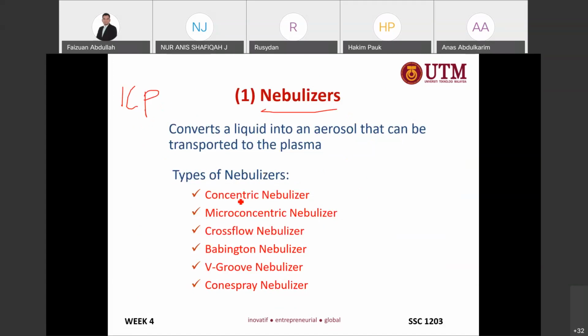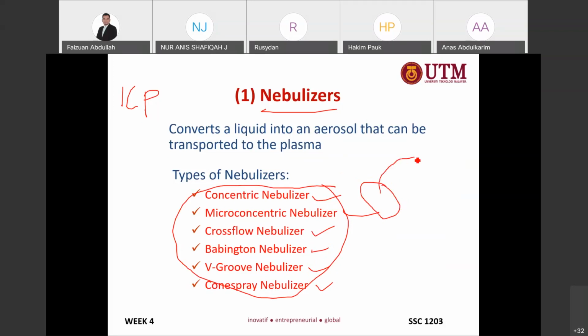We have several types of nebulizer: concentric nebulizer, microconcentric nebulizer, cross-flow nebulizer, Babington nebulizer, V-groove nebulizer, and cone spray nebulizer. But the function is all similar, right? It is to convert a liquid sample in the container, then pump into the nebulizer and introduce it to the plasma.